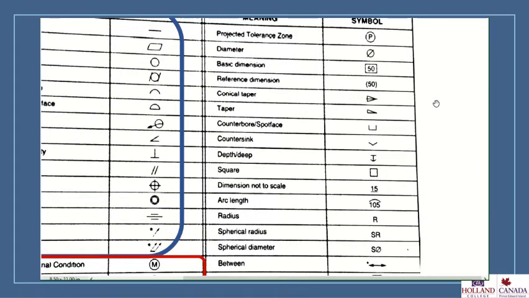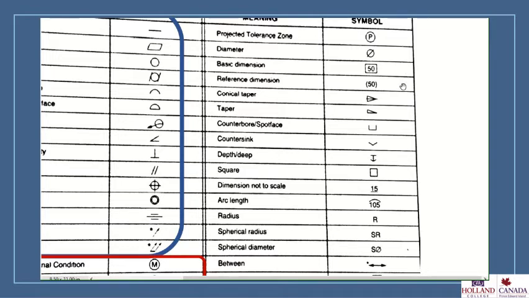And a few other symbols that you might come across on your drawings. A projected tolerance zone. This might come across with our geometric dimensioning and tolerancing. We have diameter. Basic dimension, we're going to talk about basic dimensions in lesson 8, limits and fits. So basic dimension is your dimension before you've applied any tolerances to it or anything, or just how it's referred to.